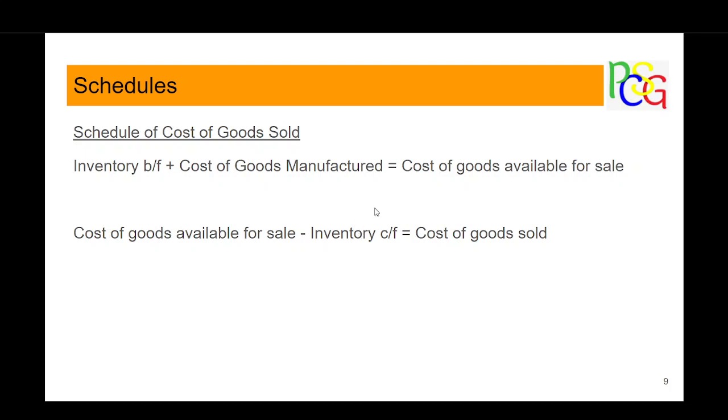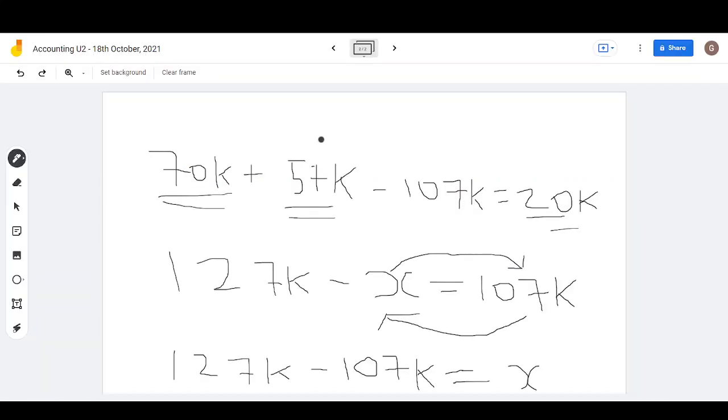So I'm going to transpose the finished goods inventory carry forward to the other side, and I'm going to transpose the cost of goods sold to the other side and change its sign. You can see it here in my working. This is basically the sum, our cost of goods available for sale.